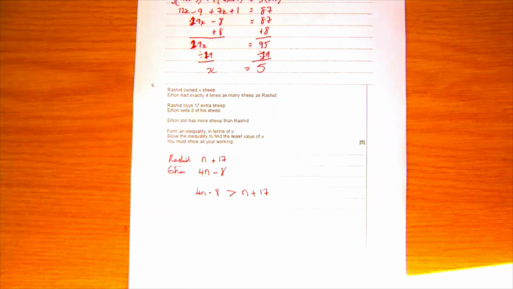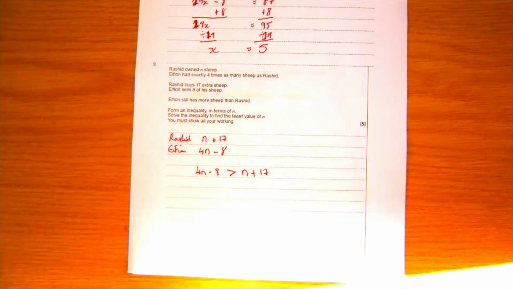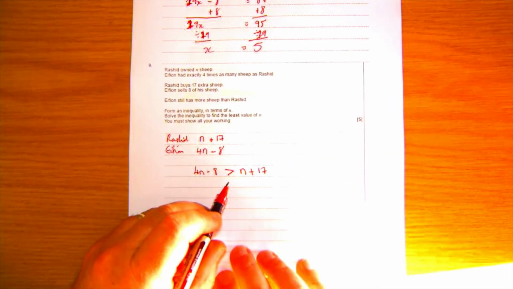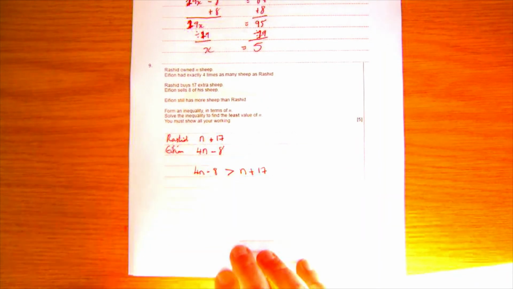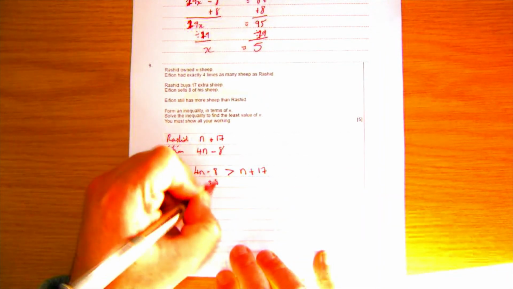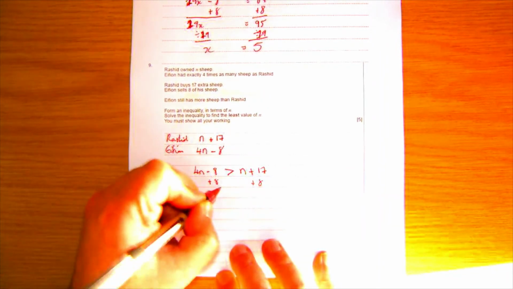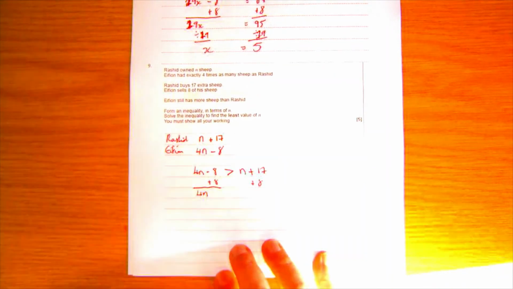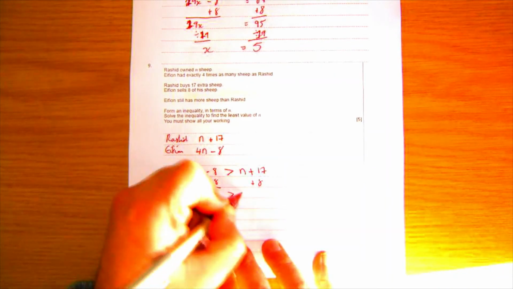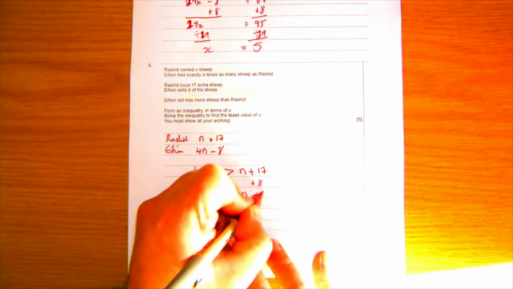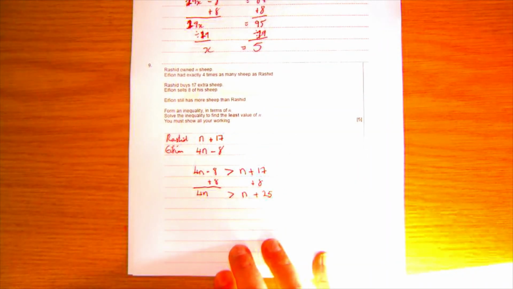Then when we solve the inequality, we're just going to follow the same laws we would if we were working with an equation. The only difference is we're not going to write an equal sign, we're going to write that greater than sign. So first of all, I'm going to add 8 to both sides. That means I have 4n is greater than n plus 25.